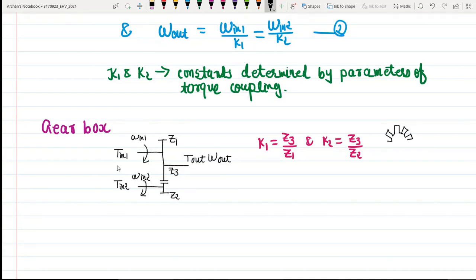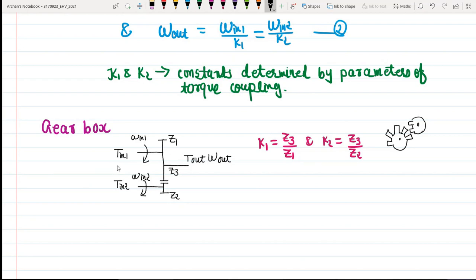Okay, this may be one gear and rest of gears will be there, and then we will have one more gear over here like this. Okay, so whenever one wheel is having more gear teeth and another one is having less number of teeth, in that case we can either increase or decrease the speed depending on the gear ratio.